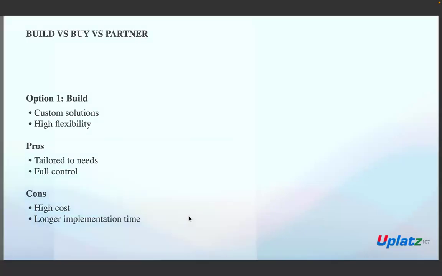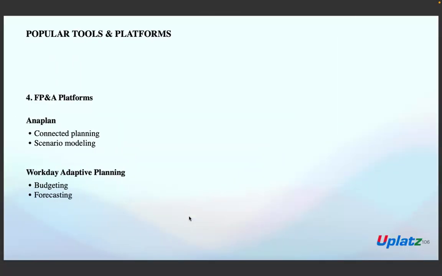The next platform is Oracle Hyperion, which is used for financial consolidation and planning. Tools differ in capability, but the value comes from how they are used.